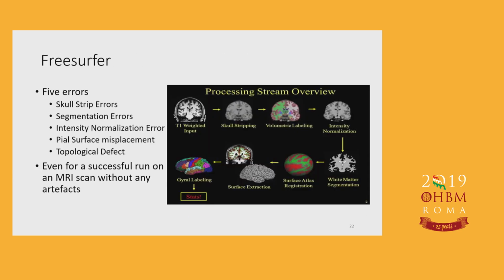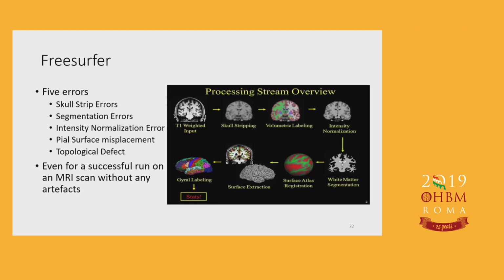FreeSurfer is a complicated processing pipeline involving a large series of complicated steps, which means there is a lot of room for errors, and they're typically categorized into these: errors in skull stripping, segmentation, intensity normalization, misplacement of the pial surface, and topological defects.